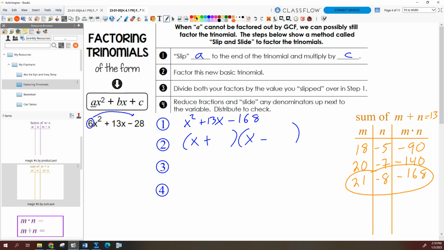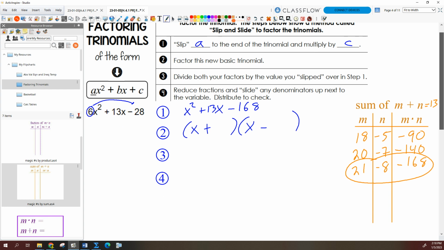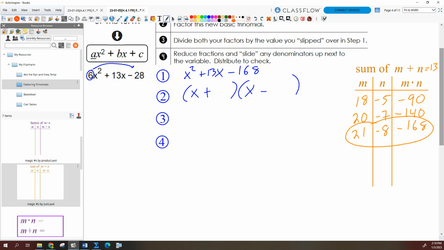Okay, so we factor the basic trinomial, which we did. And then step 3 is, what did we get? So our numbers were plus 21 and minus 8. Okay, step 3, we're going to divide both of our factors by the value we slipped over in step 1.